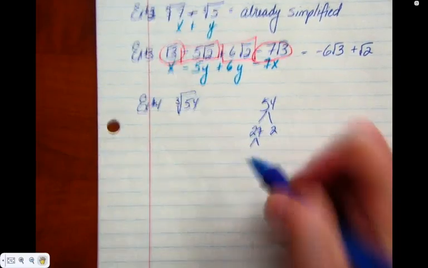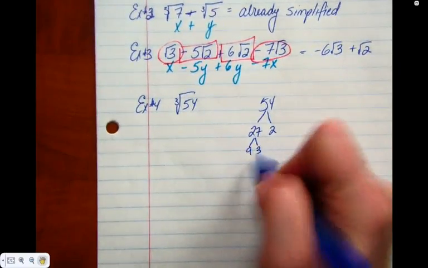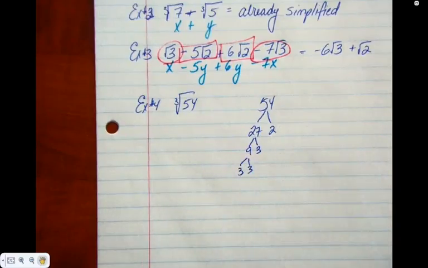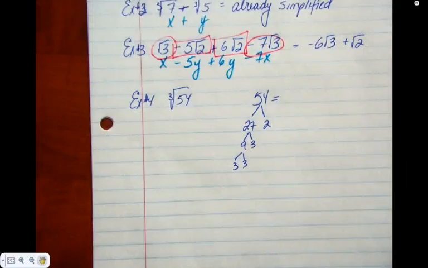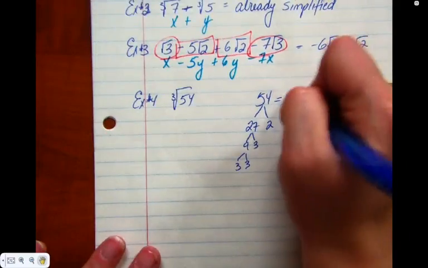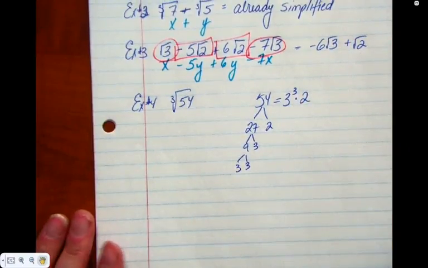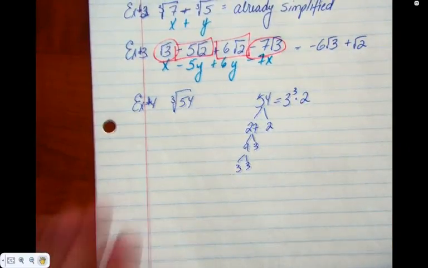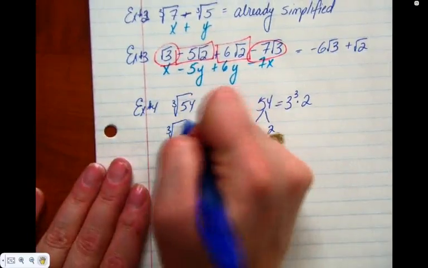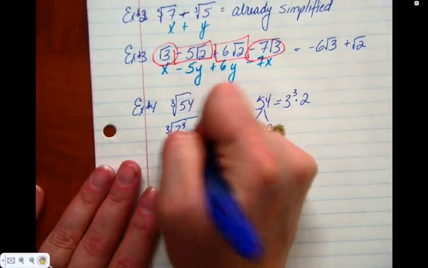27 we can break down into, and then I heard somebody already say the 3s. So remember, there's not one right way to prime factor as long as at the end you're 3 to the 3 and then times 2. And so just like Friday, we're going to split the 54 into the 3 times 3 times 2.